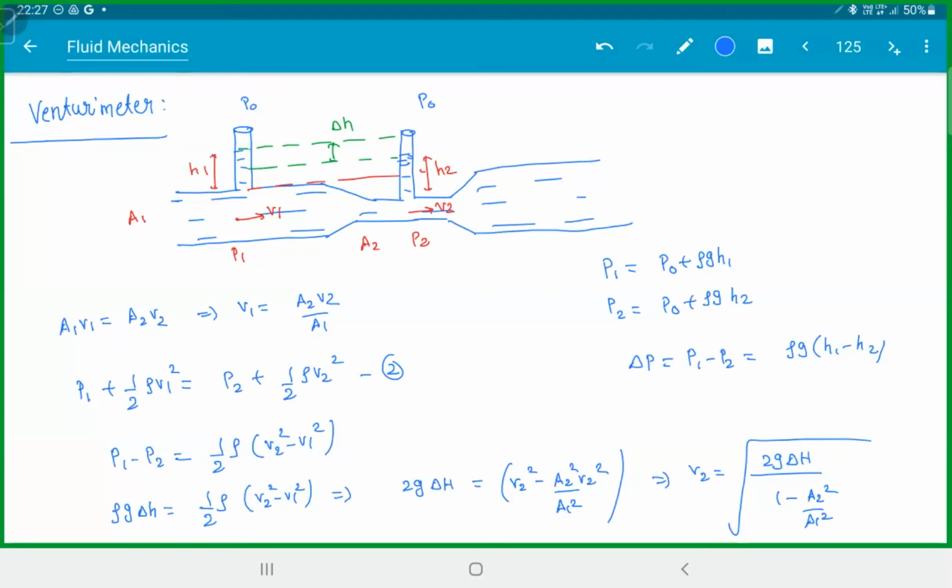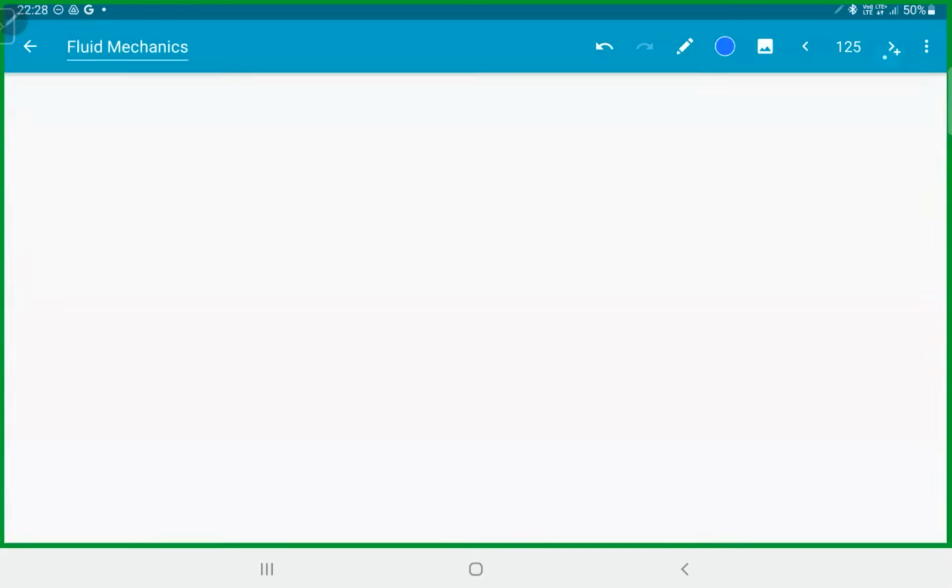So this is a venturimeter. This is the theory, this is the concept. Then, this is one venturimeter. There is an alternate version, where we call it a manometer is connected.